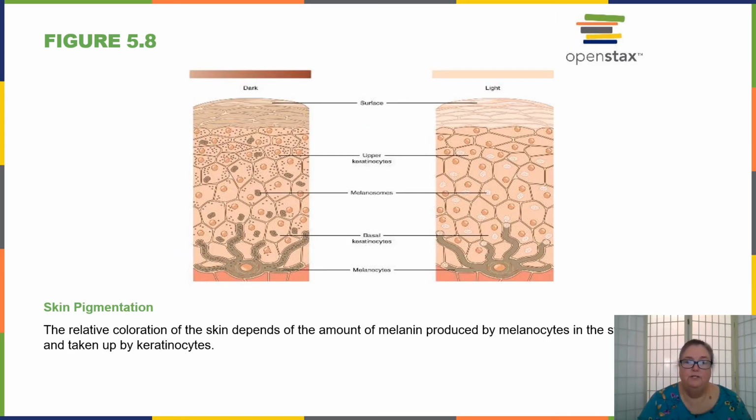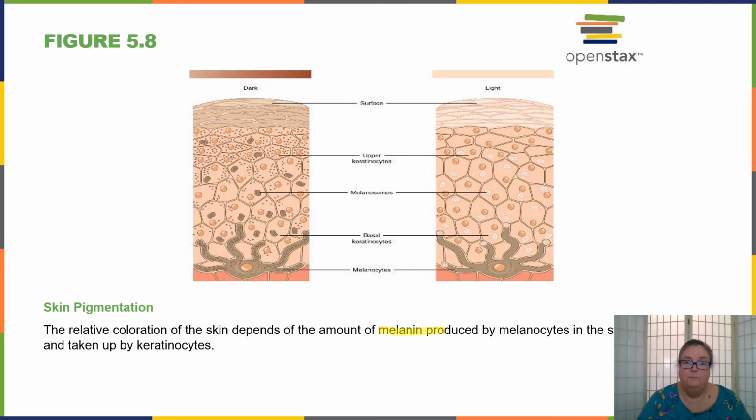So coloration of skin depends on several things. The first is the melanin, which is a pigment produced to protect our bodies from ultraviolet light, from the sunlight. And the more of this we have, the darker our skin is.